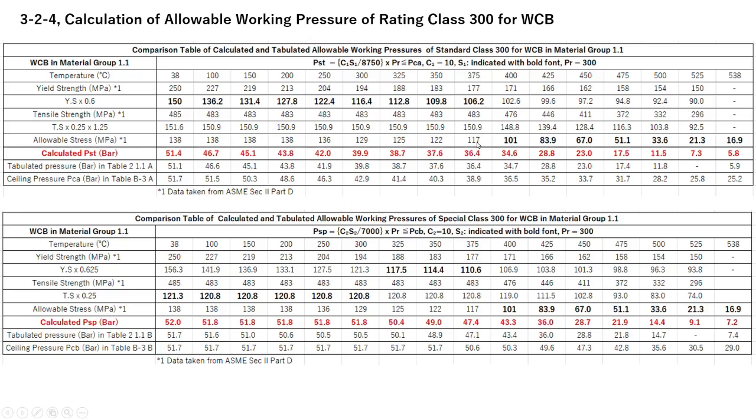So consider the allowable stress value. So compare with the other values. So still lower value for yield strength multiply 0.6. So 160.2 assigned for S1 selected stress. So indicated with the bold font. So 400 degrees C, the allowable stress value indicated is lower than the other.